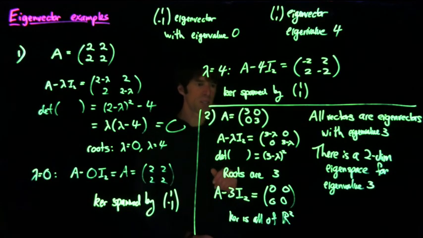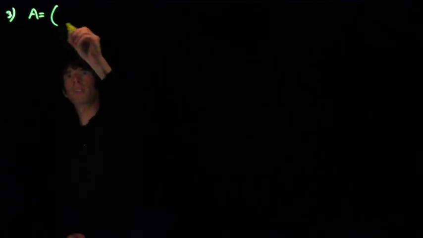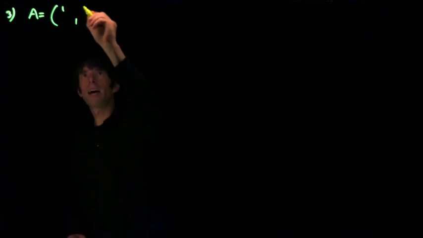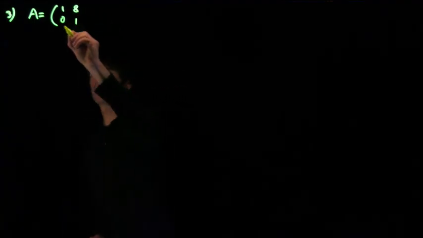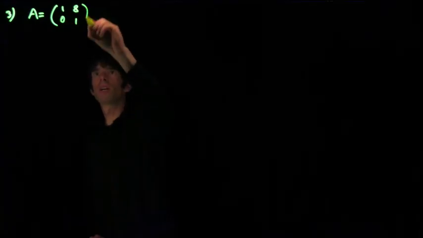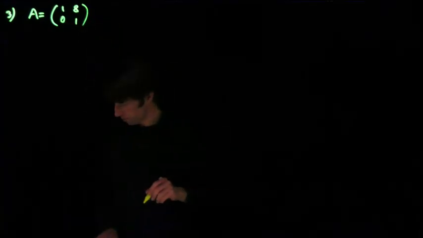Let's look at another example to see some slightly different behavior. Here's example 3. Let's take the matrix, which has a 1, and let me put, say, some random number like an 8 in the upper right corner and a 0 in the lower left corner.